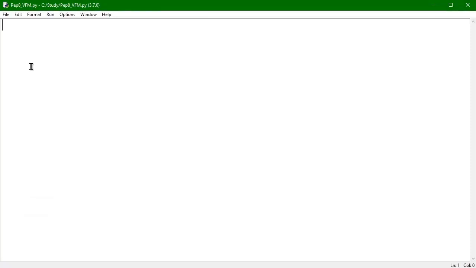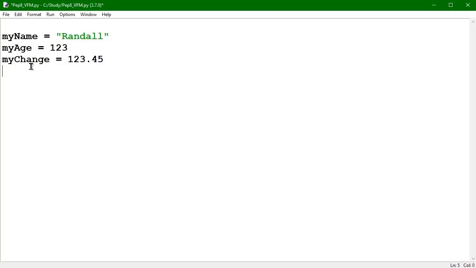Well, in other programming languages, and in my examples, I feel free to say something like my name equals a string, or my age equals an integer, or my change equals whatever you might have in your pocket. Lots of change.